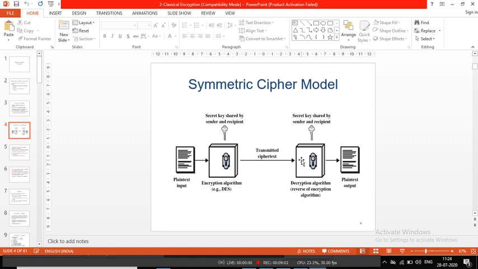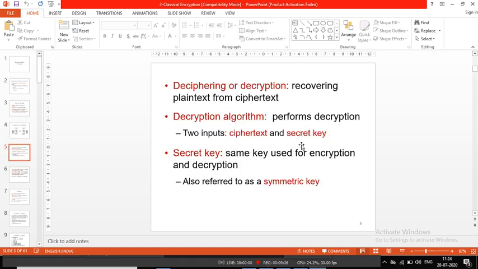That conversion of the encrypted data is called decryption, right? The decryption takes place on the receiver side. Here for the decryption the same secret key is used, okay. For both encryption and decryption the same secret key is used, that is known as the symmetric cipher model, right? The same key is used for both encryption and decryption, that is known as the symmetric cipher model, okay.